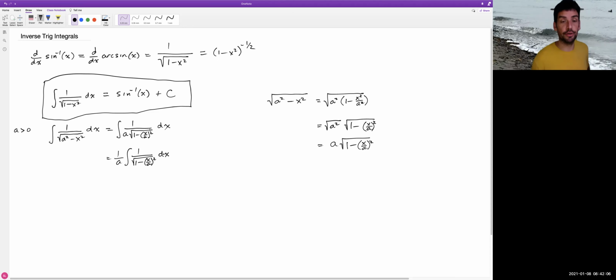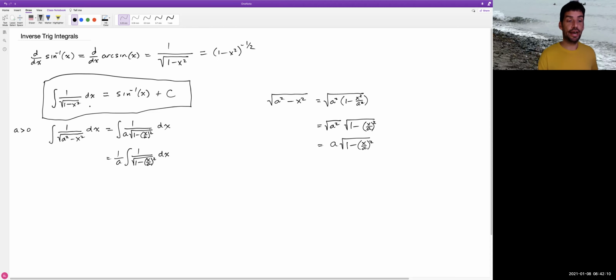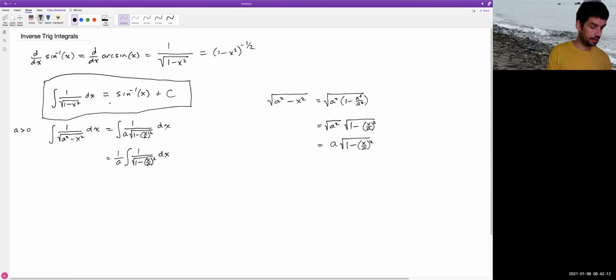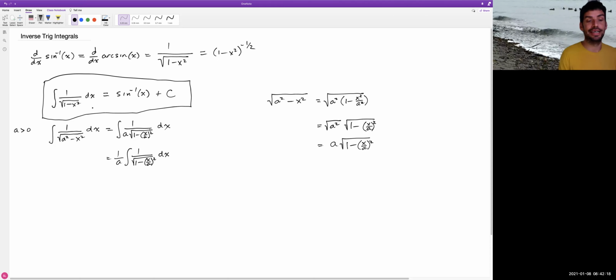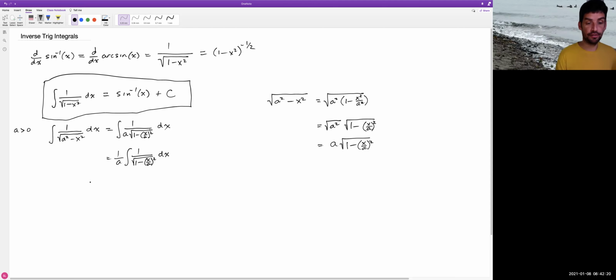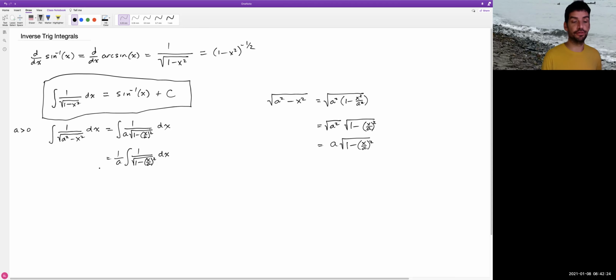If I look just at the integral part, I see something very similar to what we have in this rule up above. So let's see if we can make a substitution to get it more exactly like the rule up above. So notice I have x over a instead of just having my variable squared.